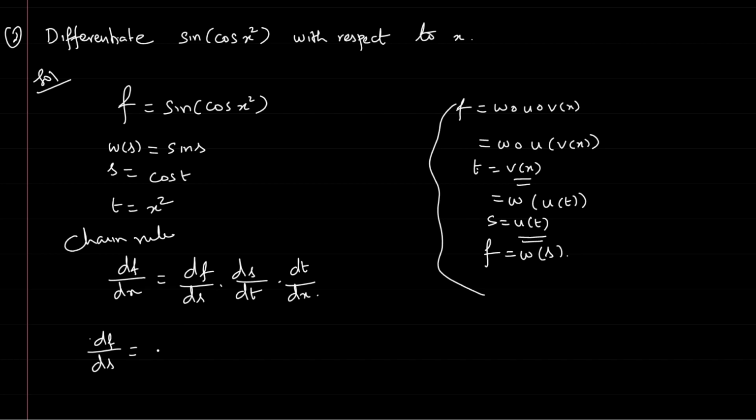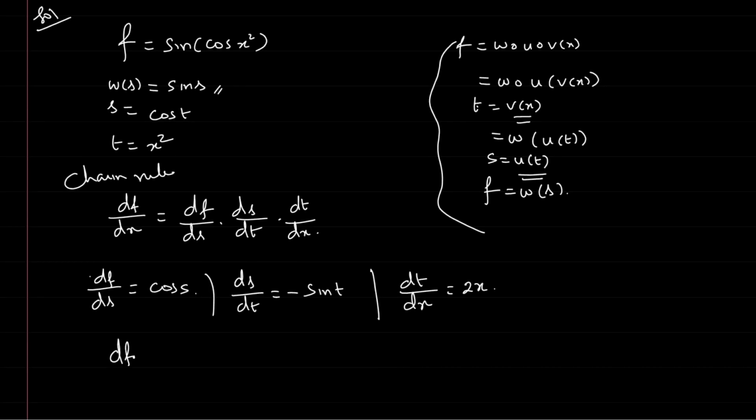Differentiation of sin s with respect to s is cos s, and ds by dt, that is differentiation of s with respect to t, differentiation of cos t is minus sin t, and dt by dx, that is differentiation of t with respect to x, is 2x.